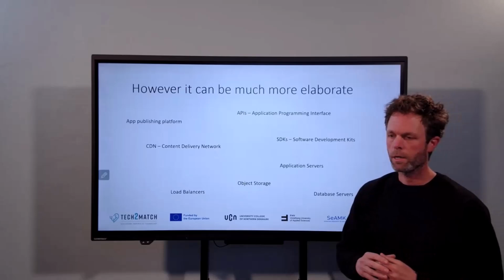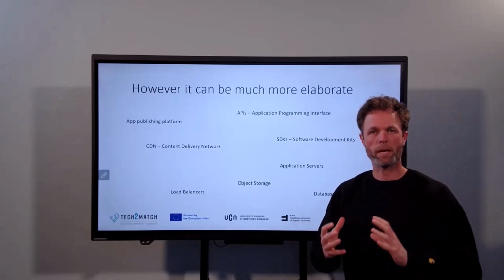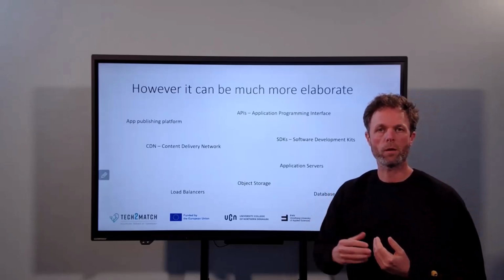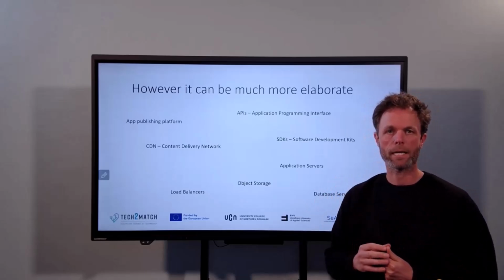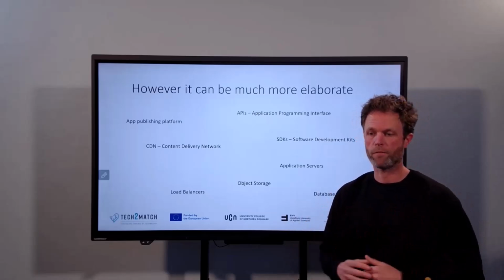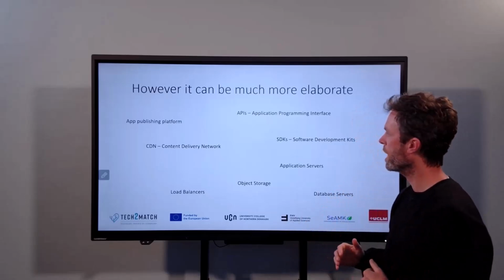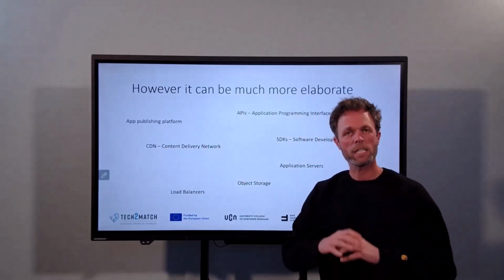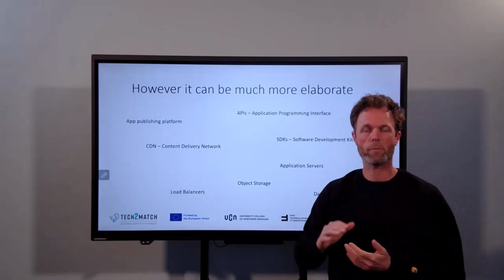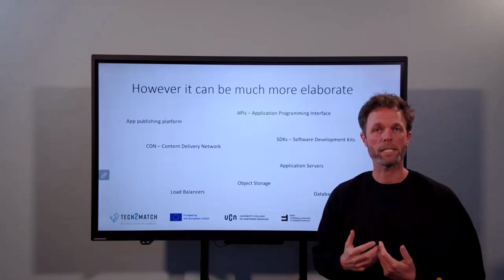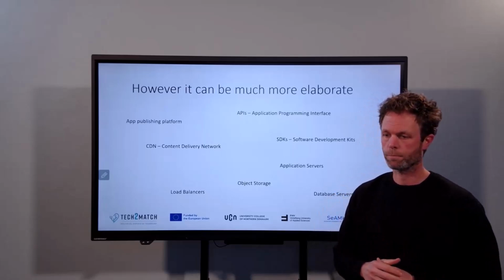It is the software fitted to specific platforms, so the developers work within this software when they want to develop an application aimed at an Android application publishing platform. We have the CDN, the Content Delivery Network. It's a network of servers which speeds up the delivery of the software or the application to the users.